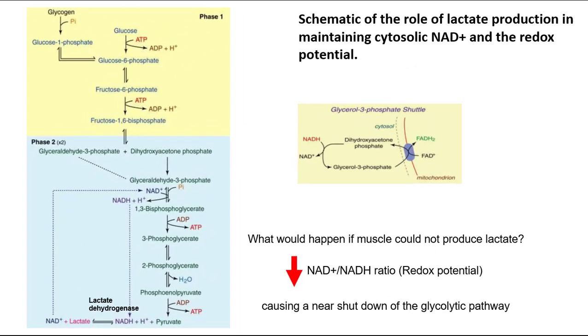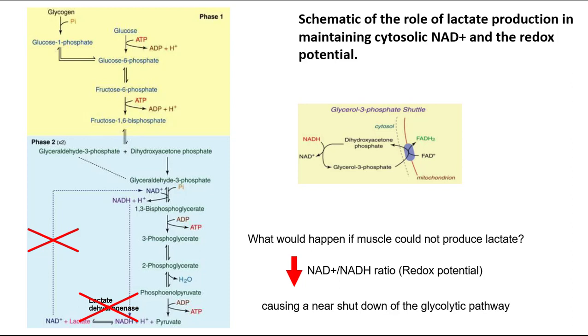Now, think what would happen if muscle could not produce lactate. As soon as exercise became more intense, there would be no way to rely on added ATP from glycolysis, as there would be no means for a reaction in the cytosol to regenerate NAD+ from the NADH from glycolysis.